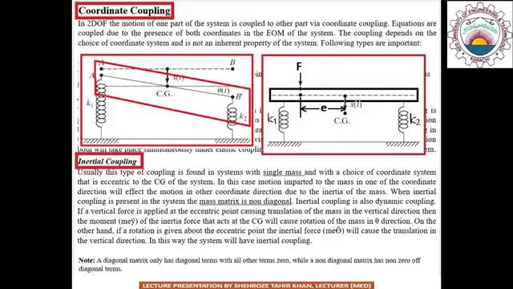So this is a 2 degree of freedom system, and the rotation of the bar about its center point due to the eccentric load shows that this type of coupling is also a dynamic coupling, since it involves motion or velocity, where m e y double dot is the moment produced by the eccentric load.